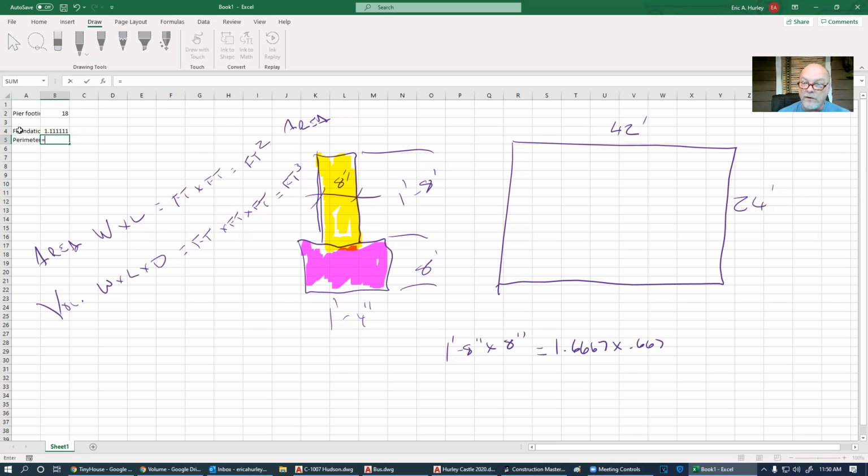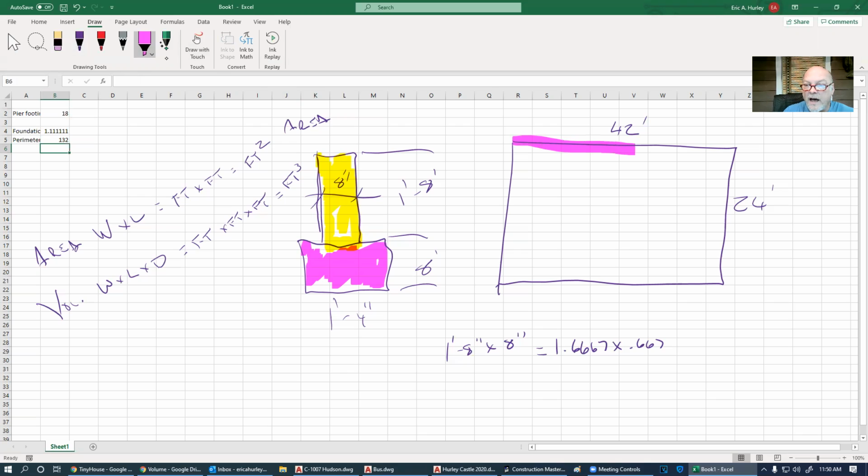Then I'm going to put in the perimeter. The perimeter is going to be equal to 42 plus 24, and I'm going to close that in parentheses because I want this to take place first. And then I'm going to multiply that times 2. I know that's kind of weird, so I want to explain it.